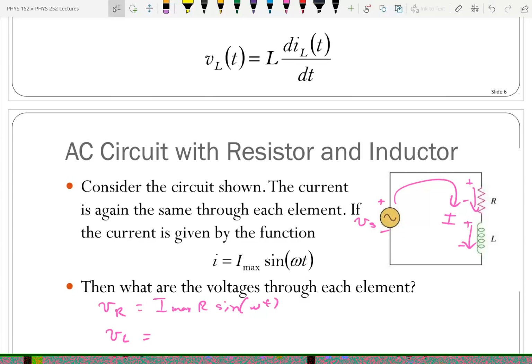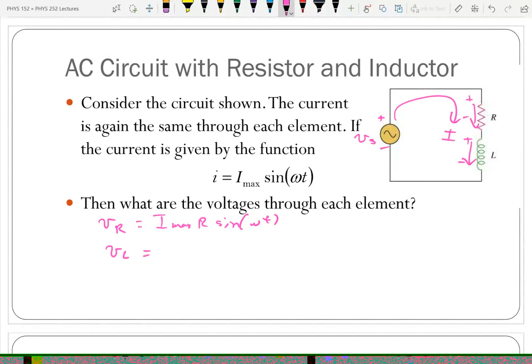That is a true relation, but not how I find it here, because I would still not know what it is, because I'd have to know what the relationship between Vs and Vr is. But I have this condition. And so I just have to do L times di dt. Derivative of sine is omega cosine. So there's my voltage across the inductor.